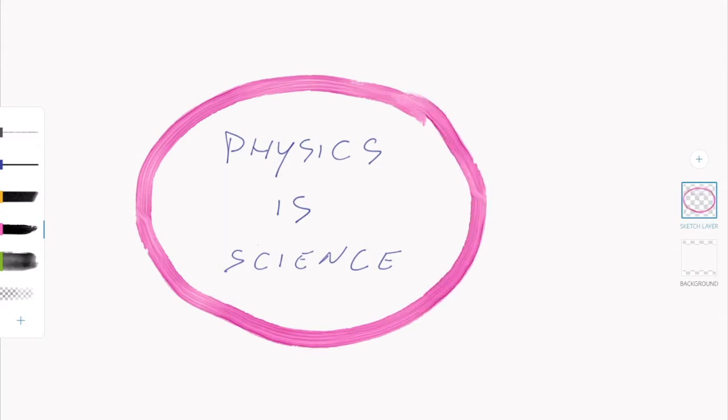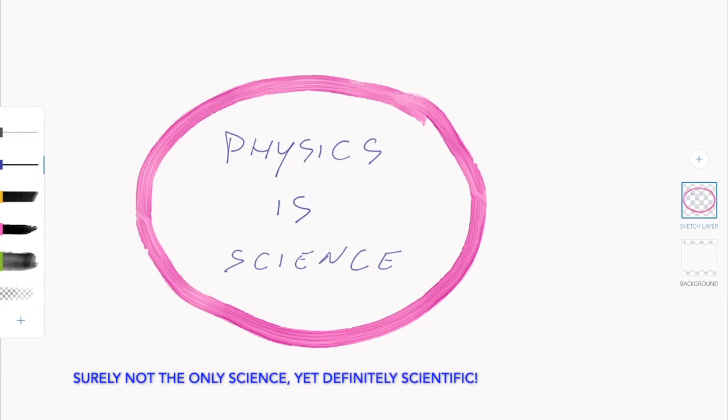Now, why this digression about physics and philosophy? Because I'm quite sure that everybody out there agrees with me that physics is science. So, given that physics is different from philosophy basically for the fact that physics uses mathematics, then if you want a scientific process in your company, in your business, you need to use mathematics.